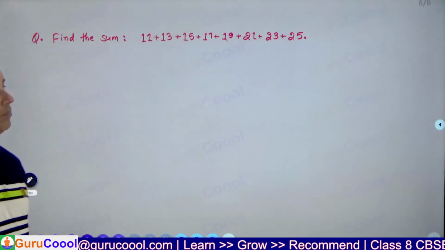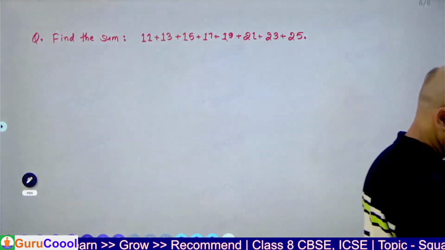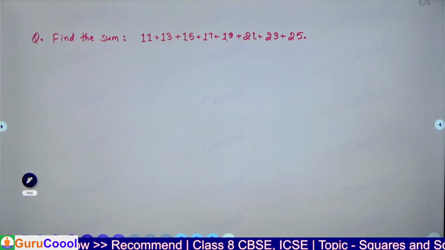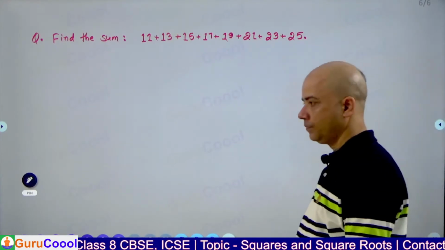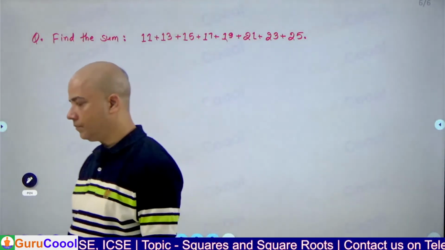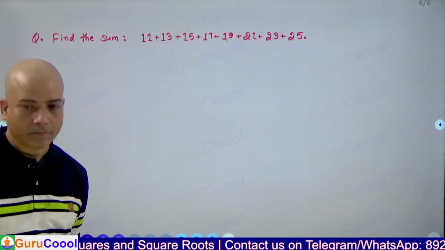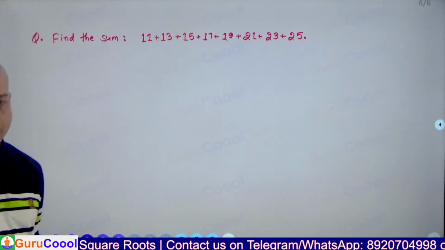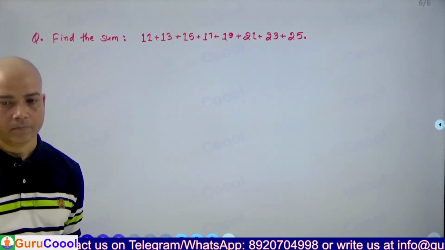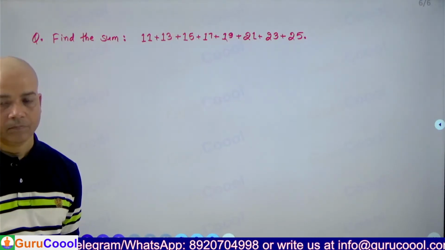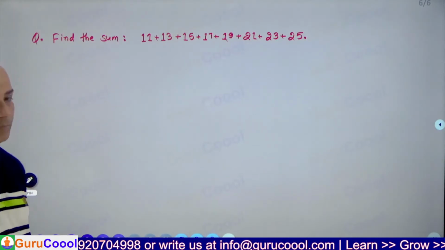Do you have a method to add them, or will you add them manually? Sir, we will start from 1 and count how many odd numbers are there till 25, and then we will square that number and minus. Minus, sir, what? I don't know how to tell, but I know.